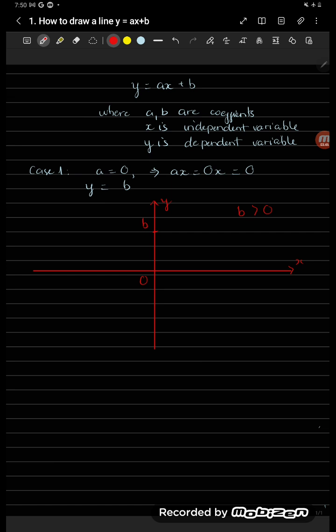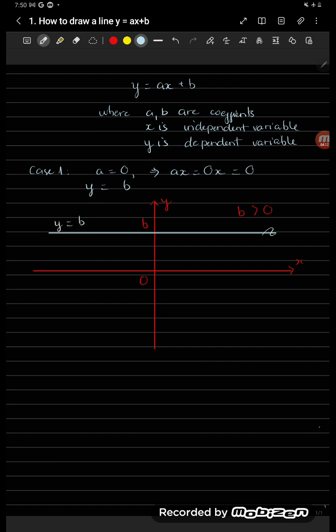So if b is positive, then you just draw a line parallel with Ox that crosses b. Maybe I draw in a different color. Here is the line y equal to b.